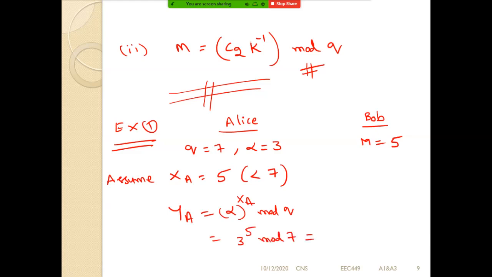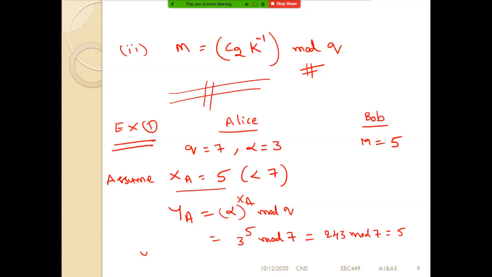Tell me, what is 3 power 5 mod 7? We have seen just now. 3 power 4 means 81, so it will be 243. 243 mod 7 is 5.